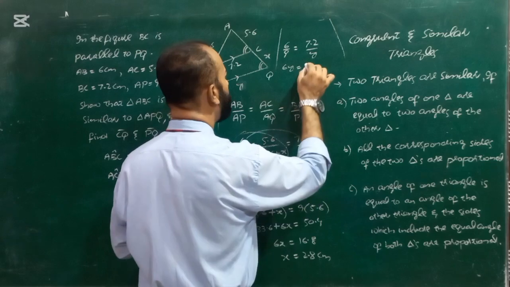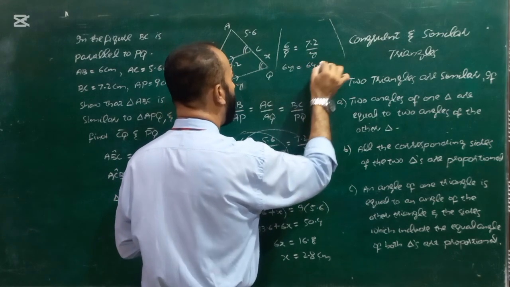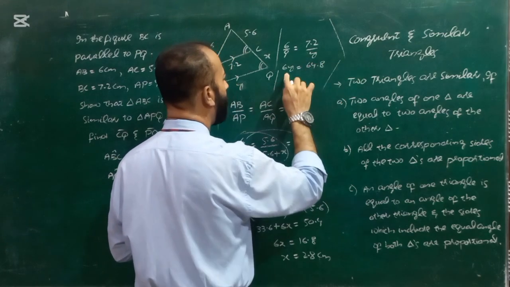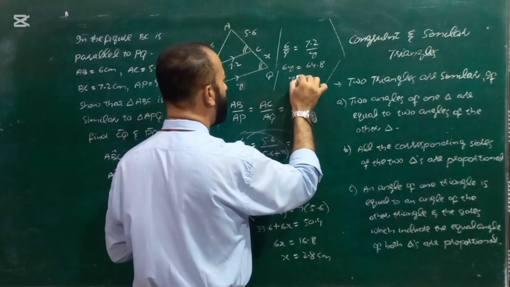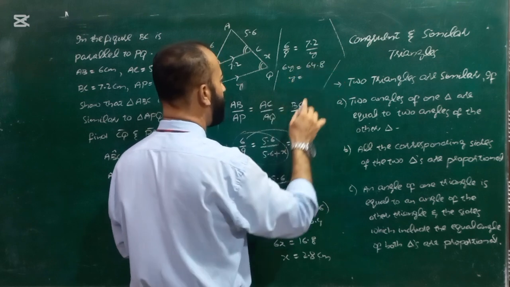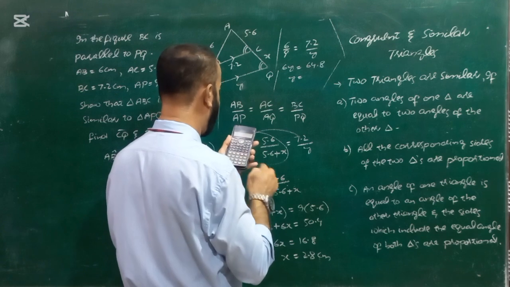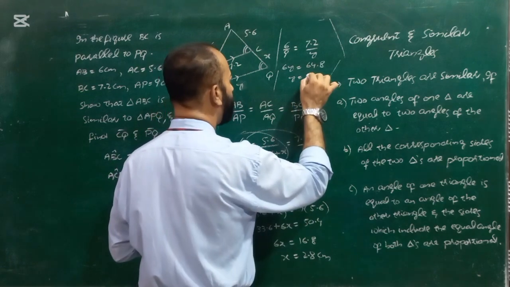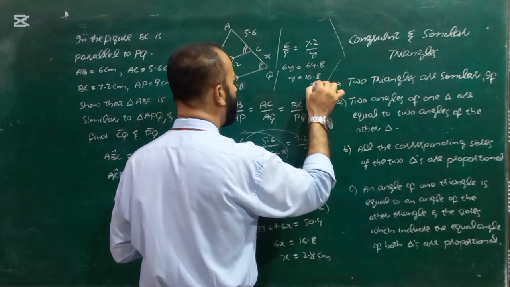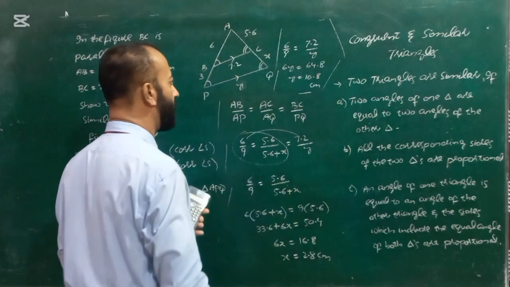That is 64.8. And then y, 6 will be divided by 64.8. 10.8 centimeters. So this is the answer.